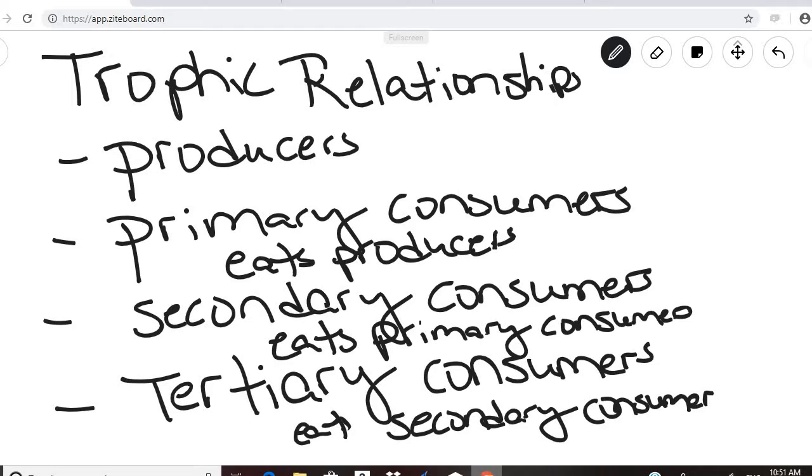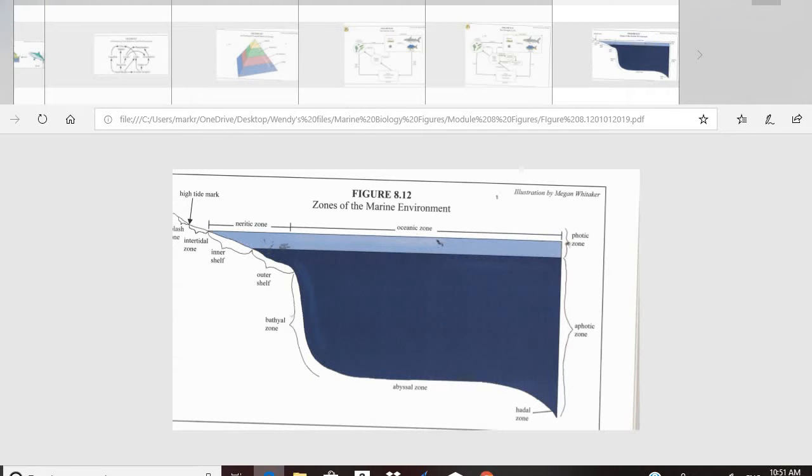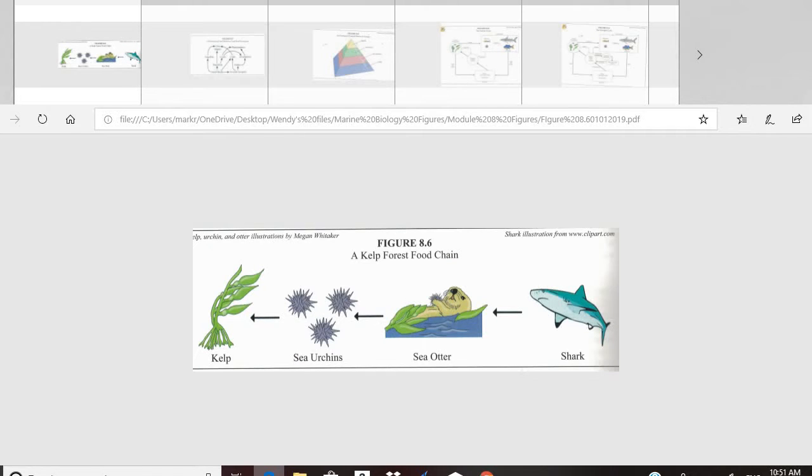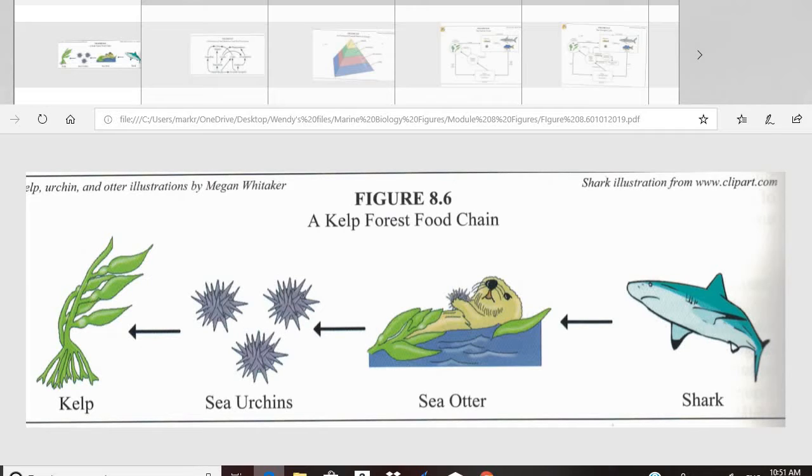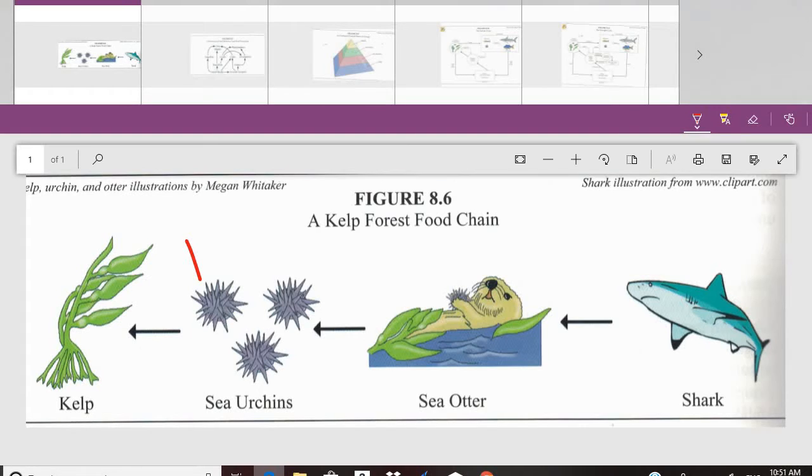So these get a little more complicated, but we could look at something like a simple food chain. So you have a plant, kelp, that is eaten by the sea urchins. The sea urchins would be the primary consumer.